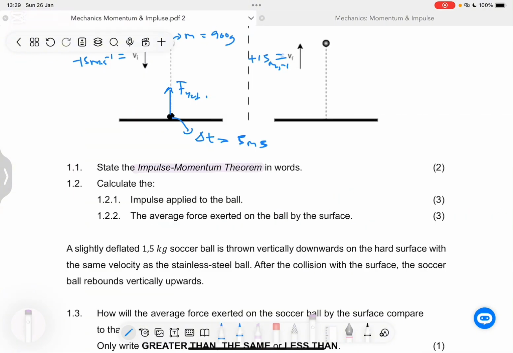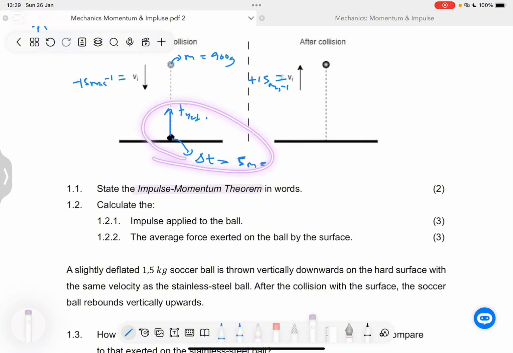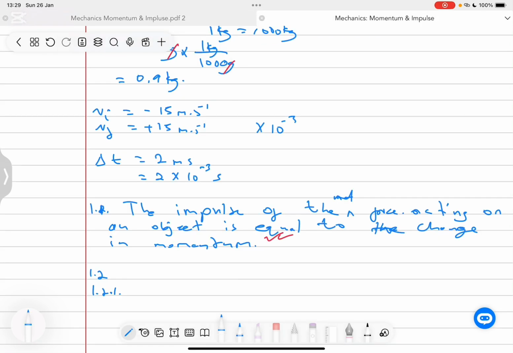So we have 1.2.1 that says calculate the impulse applied to the ball, right? So when this ball is in contact with the surface here, there will be a force and a time, right? That will give us the impulse. There will be an impulse because there's an impact, a collision. They want us to calculate that impulse. You have to note that we don't have a force, so we can't just multiply a force and a time, because we don't know what this force is.